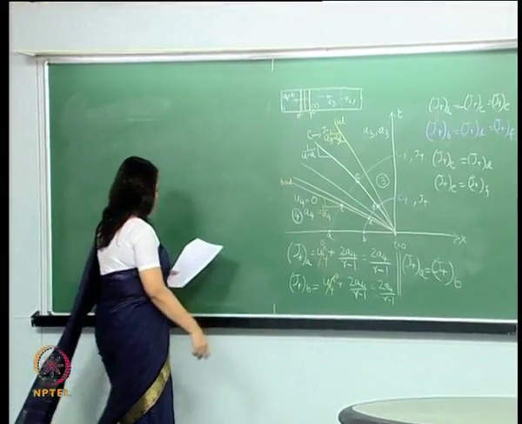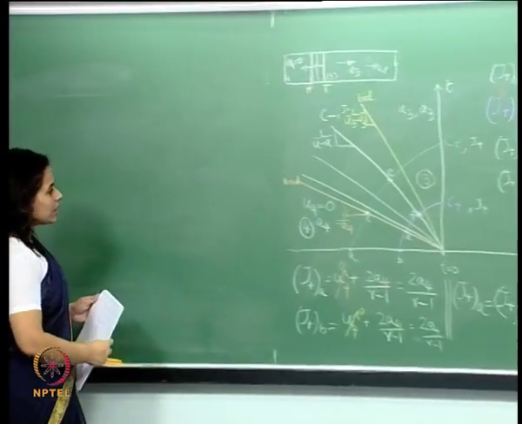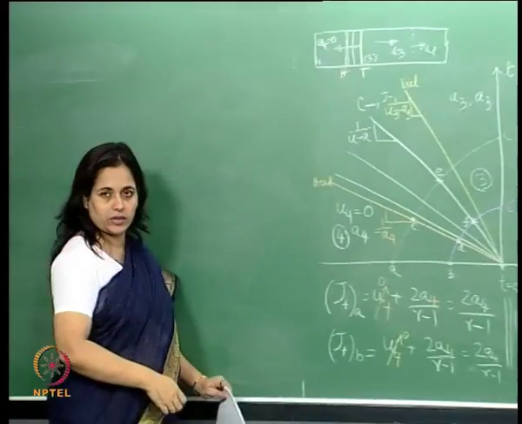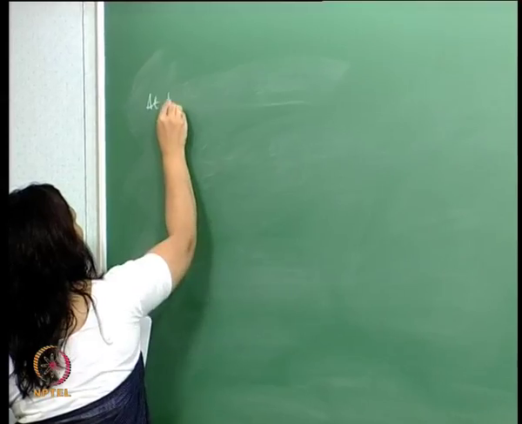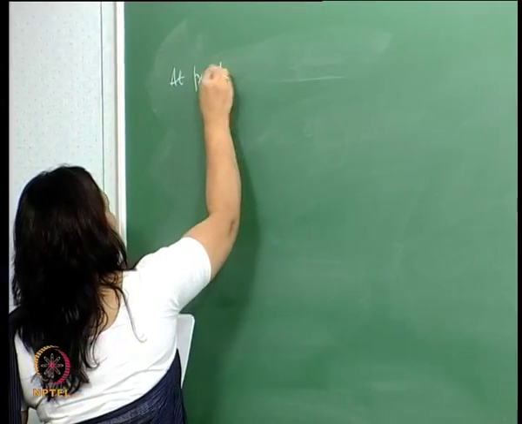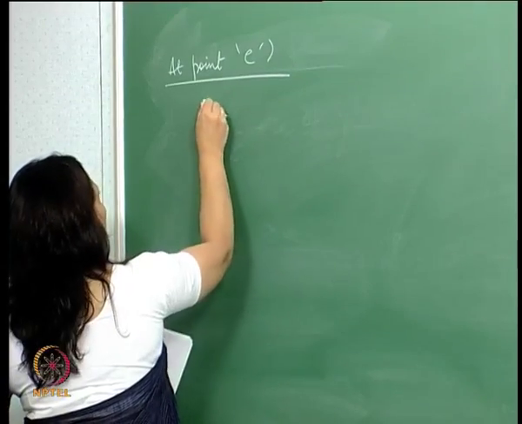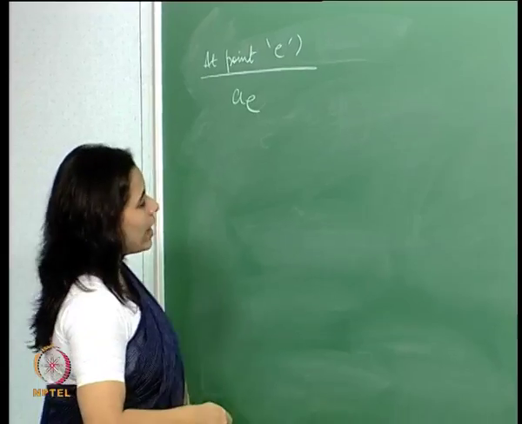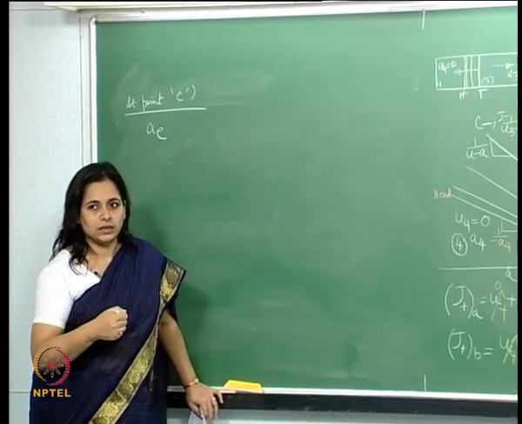So now if I look at the point E, which is lying on this C minus characteristic, I can write the velocity, isn't it? So now at the point E, I know J plus E and I know J minus E, isn't it?